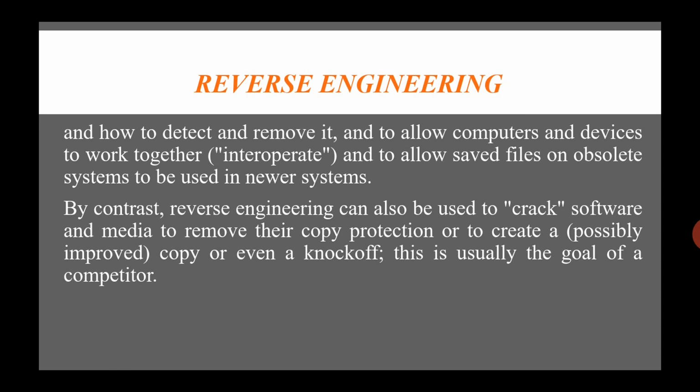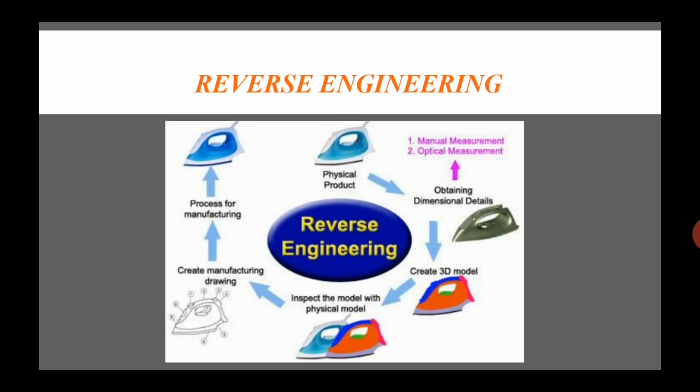Now, in the case of reverse engineering, suppose we have some information about this iron box. In the iron box you can see there will be some physical product available, with manual measurement and optical measurement.